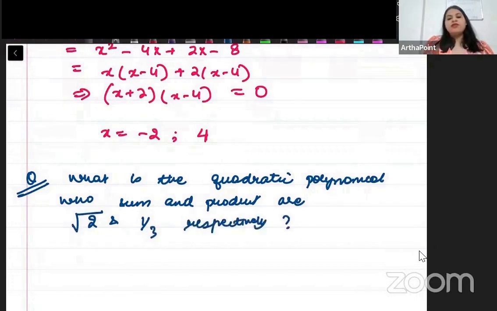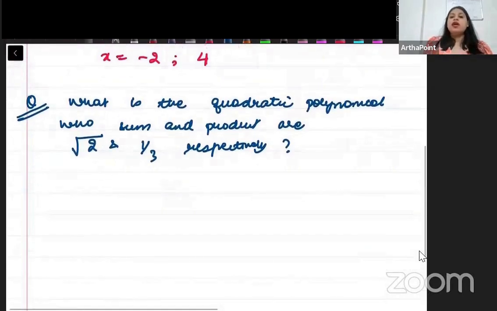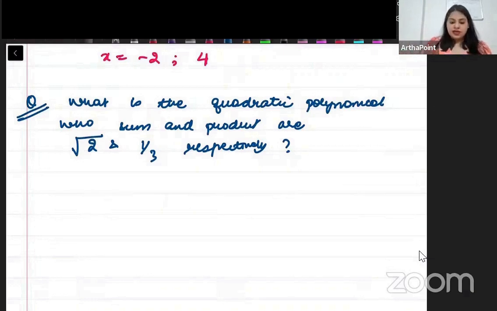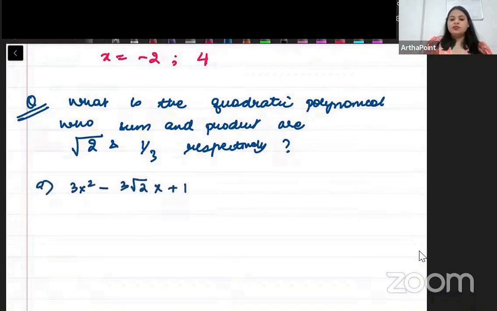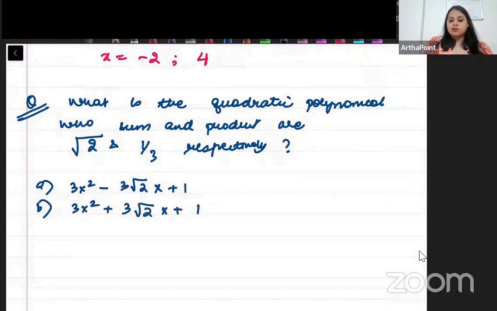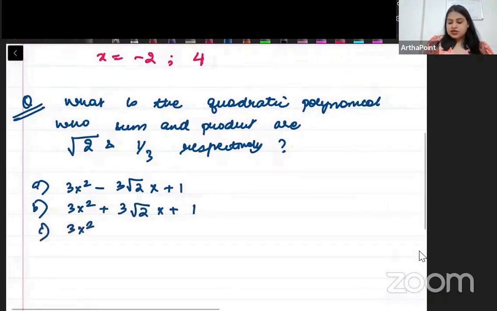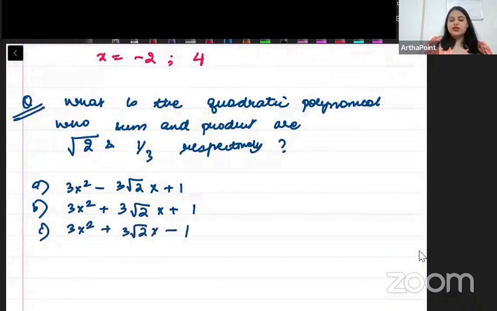Okay, I'm giving you 4 options. You have to tell me which polynomial is one whose sum and product are root 2 and 1 by 3 respectively. So beta, the options are: A, 3x square minus 3 root 2x plus 1; B, 3x square plus 3 root 2x plus 1; C, 3x square plus 3 root 2x minus 1; and D, none.